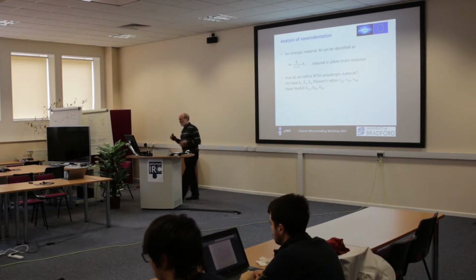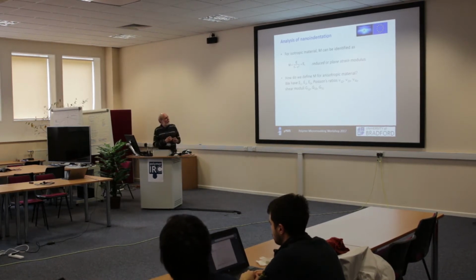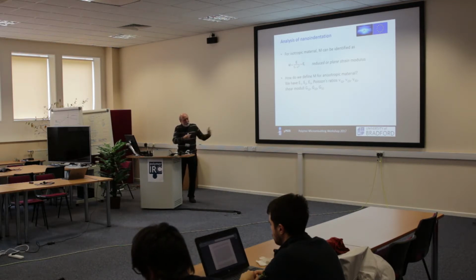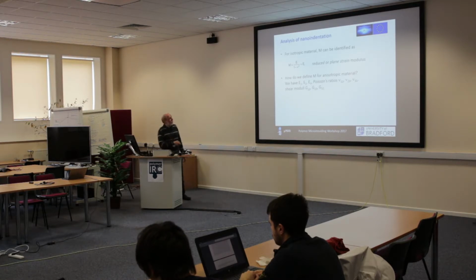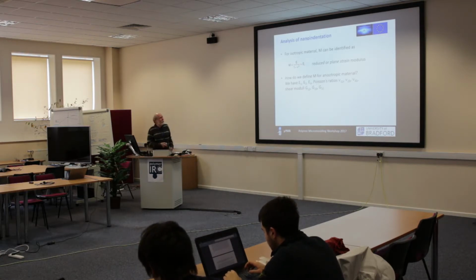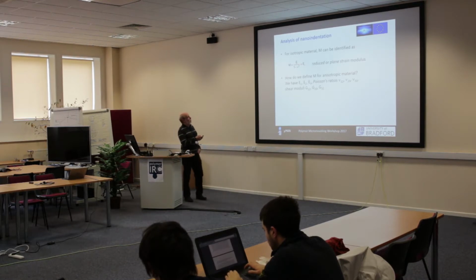So it's equivalent to the modulus you observe if you're stretching something while restraining its lateral contraction, so you stop one of the Poisson's ratio type contractions. You end up with a ratio of stress to strain, which is basically E over 1 minus ν squared. So if you know Poisson's ratio, you can find out what the modulus is.